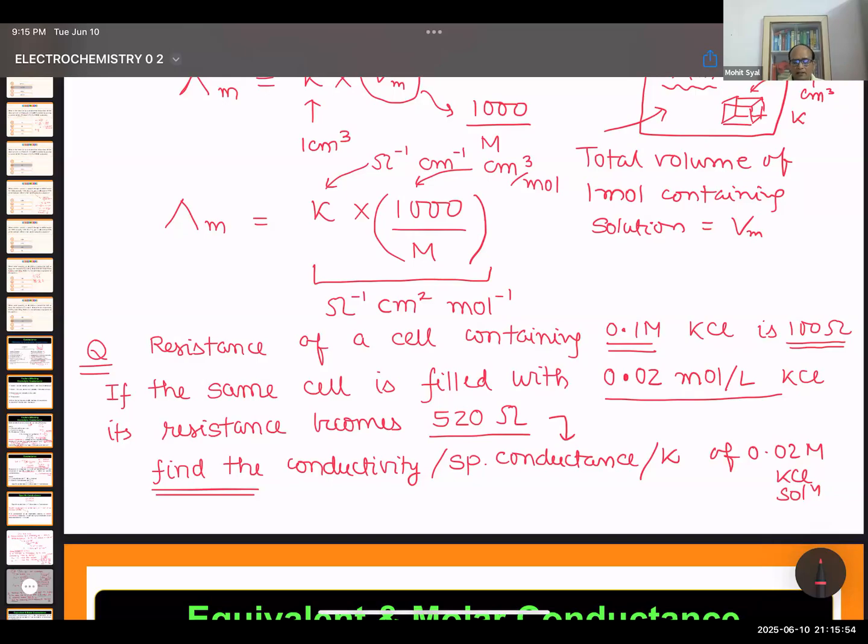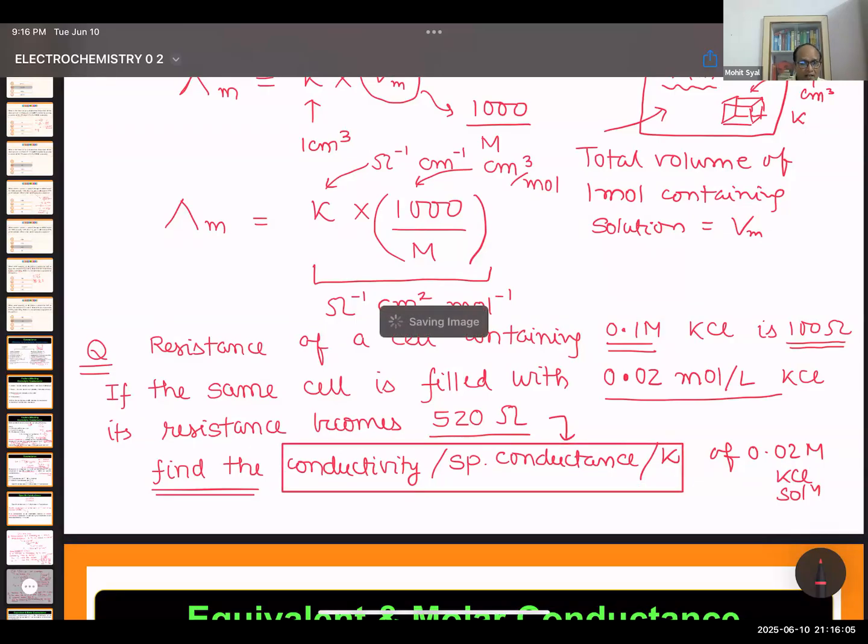You have to also find the molar conductivity. All these values are the same, just the name is different. I'm writing the symbol. You have to find this and the molar conductivity.